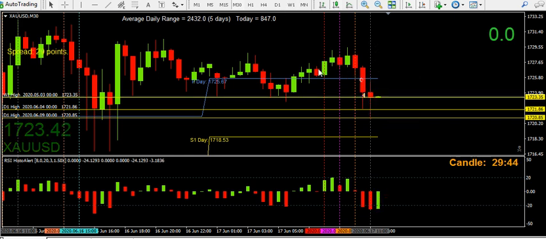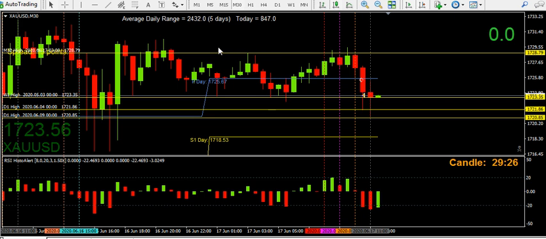And as you can see, I entered after we'd broken through all that resistance there. The 30-minute, this is massively powerful, a change of direction at this sort of high here. Not going to go back to the higher time frames, but we can clearly see there's a resistance level going on there.